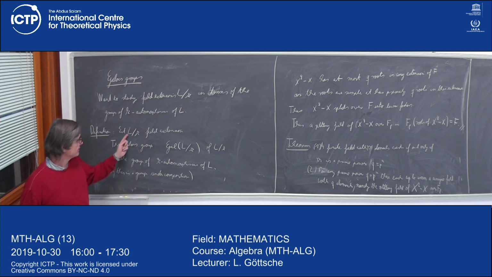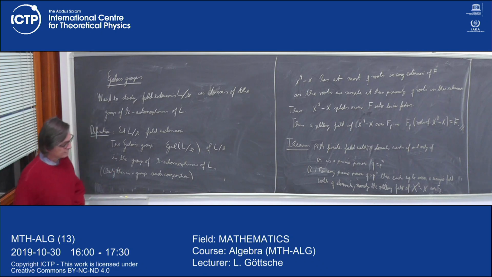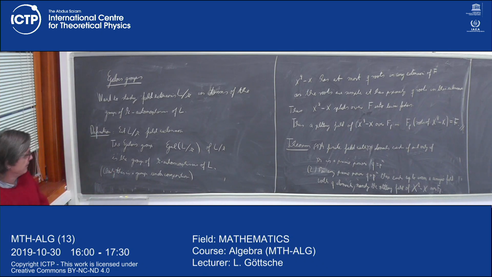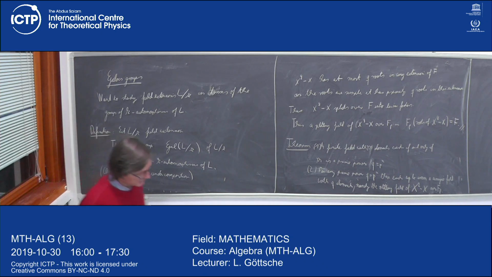If you don't understand the field extension, how do you understand the K automorphisms of L? Okay. So that's a reasonable question, but you will find out that actually one can make this reasonably concrete. So you will find out that in many cases, the Galois group can be viewed as some group of permutations of some roots of some polynomial. Okay, so that's much more explicit.